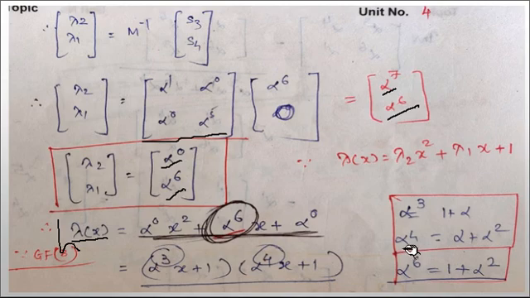If I take alpha raised to 4 as alpha plus alpha square by the GF of 8 table, then obviously 1 plus alpha cube x and 1 plus alpha raised to 4 x. If we multiply these two, we get alpha cube plus alpha raised to 4. By cancellation of alpha and alpha, we will get 1 plus alpha square, that is alpha raised to 6.